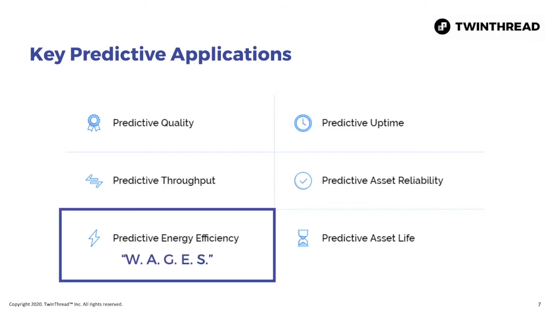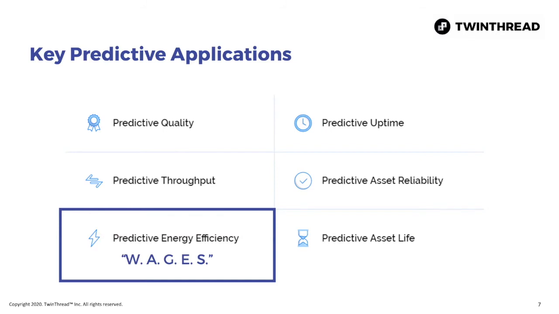So as I mentioned, we're going to focus today on predictive energy efficiency. And as Carson mentioned earlier, this isn't just about electricity. This is in fact about all the utilities that you find in a typical industrial facility: water, air, gas, electricity, and steam.